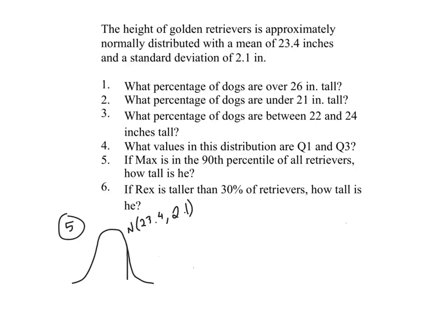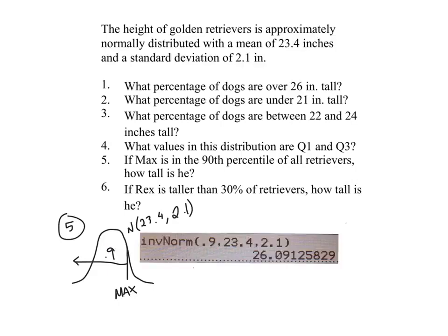You could name it X, or Max, something like that. We want 0.9 below. Here's the calculator work for Max. Again, 90% below, so 0.9, mean, standard deviation. Max is 26.09 inches.